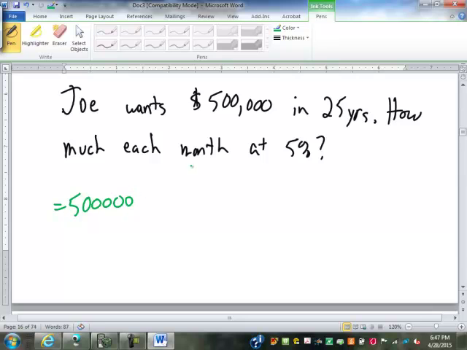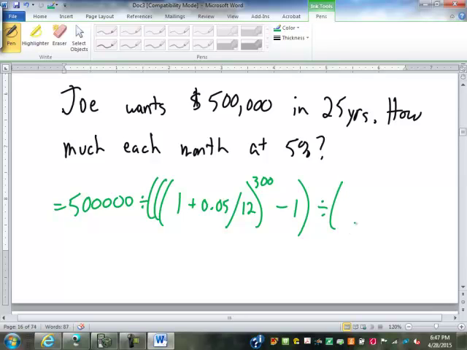But since he does have the lump sum, the 500,000 is divided by, open, 1 plus 0.05 divided by 12, close, to the power of 300. Yep, 12 times 25 is 300. Minus 1, close.